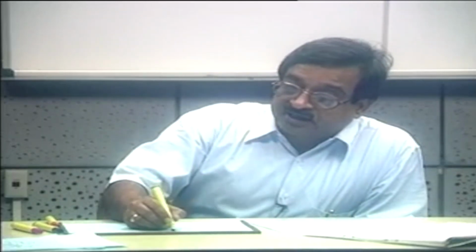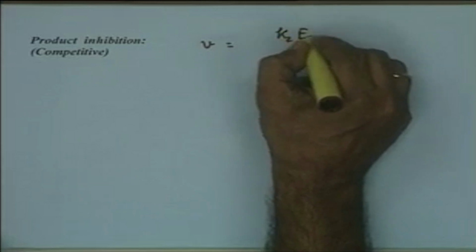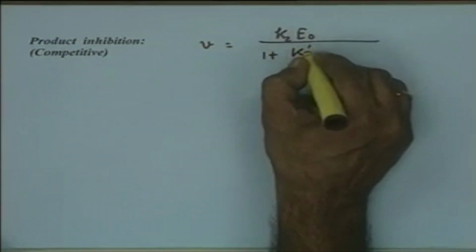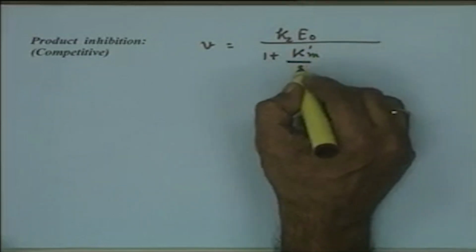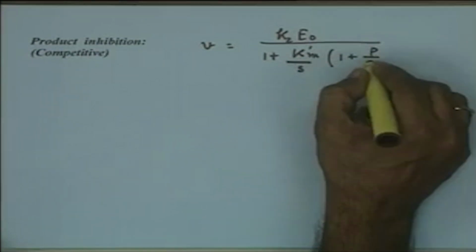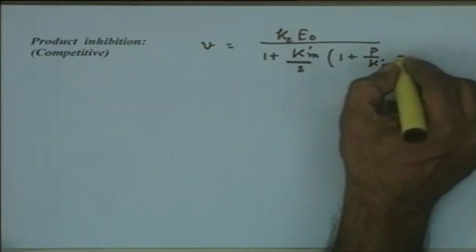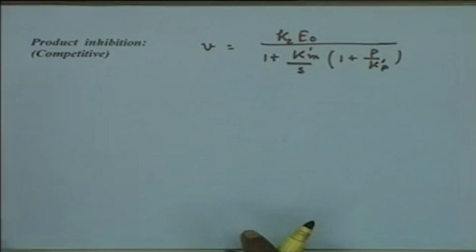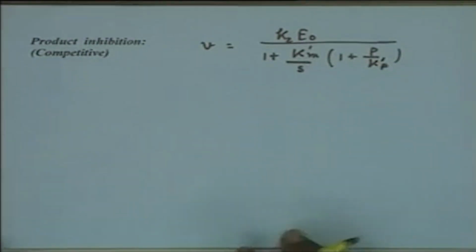In the case of product inhibition, the reaction rate is given by K2 E0 upon 1 plus K'm upon S, times 1 plus P upon K'P. Now, this K'P essentially is the inhibition constant, which is a competitive inhibitor of the reaction.